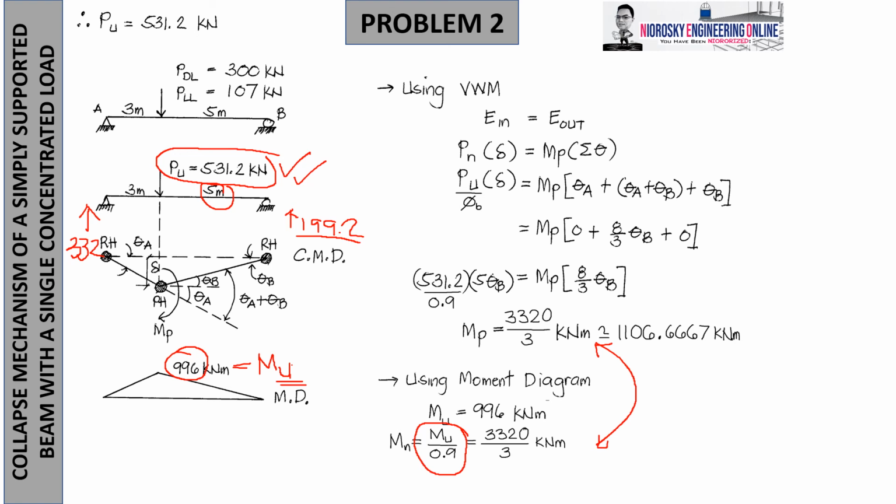So meaning, in this concept, we can safely conclude that in a single concentrated load applied on a single span that is determinate, meaning this is not restrained or prop beam, we can find out that the nominal moment is equivalent to the plastic moment. That validates one of the theorems under static, under the dynamic, if there's a larger degree of freedom, and there's what you call uniqueness theorem. So that this is the validation of which, no, doon sa mga nasabi natin.